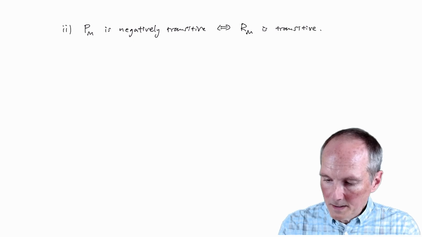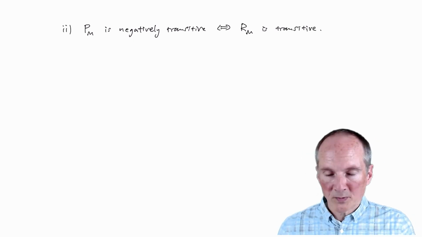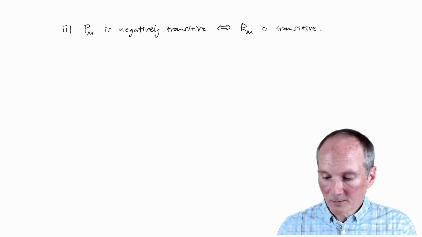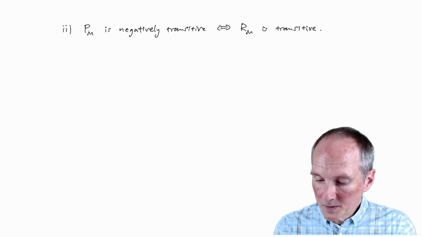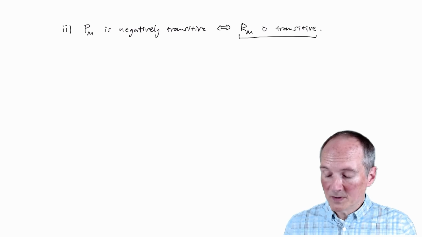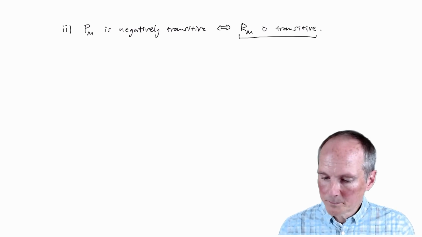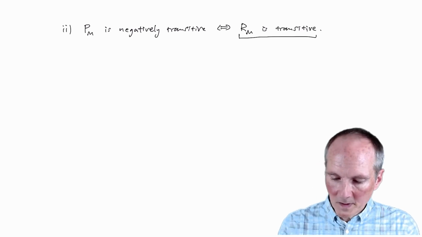That's something that we proved in the general rational choice framework, and so that means I can focus my energies on showing that the weak majority preference relation is transitive. Last observation.